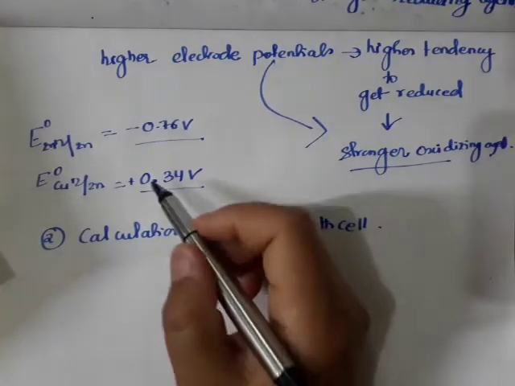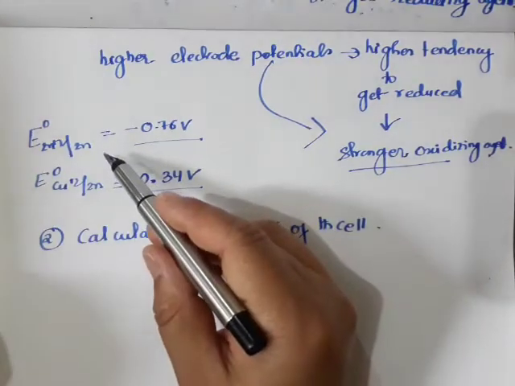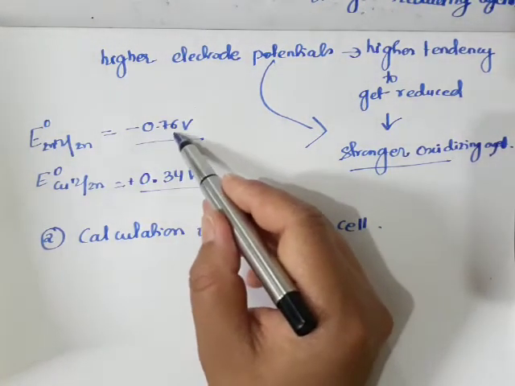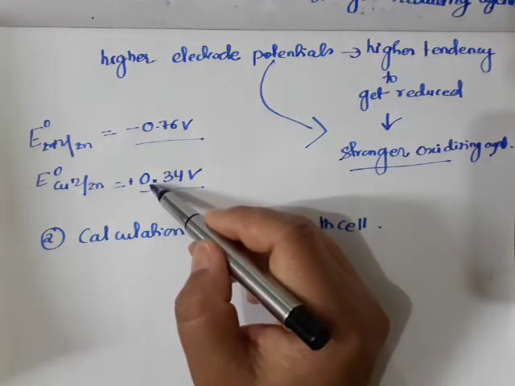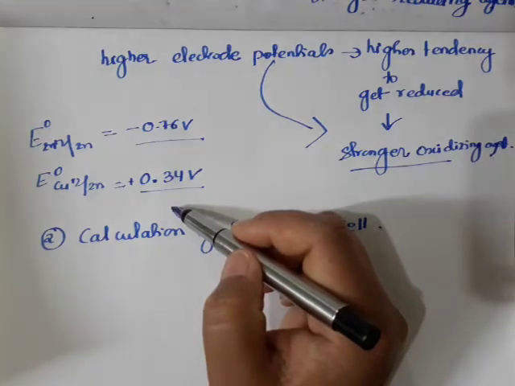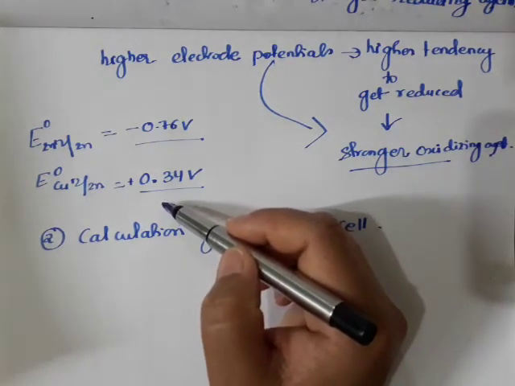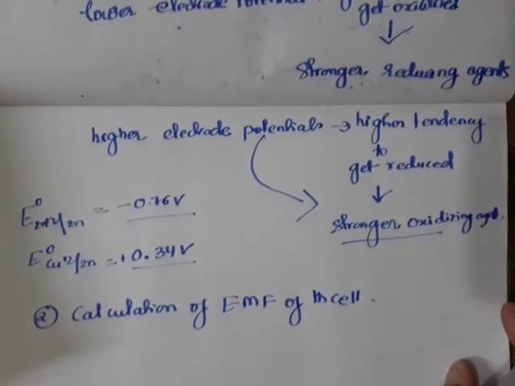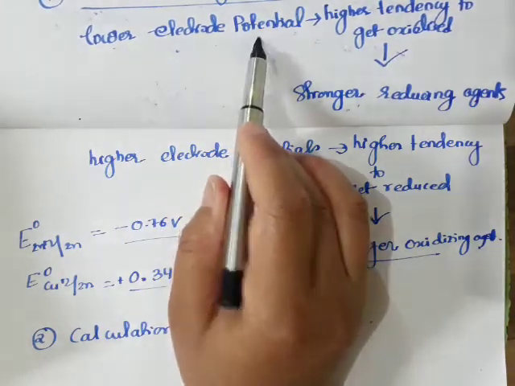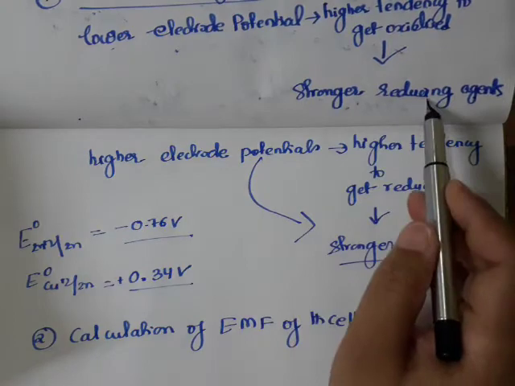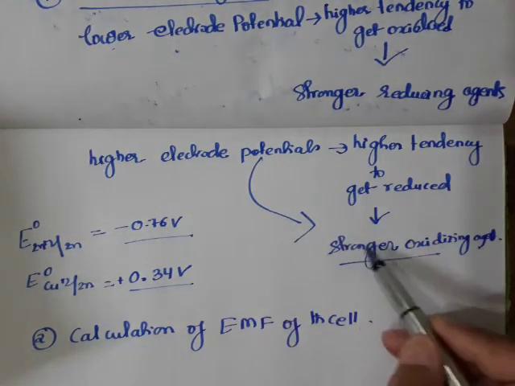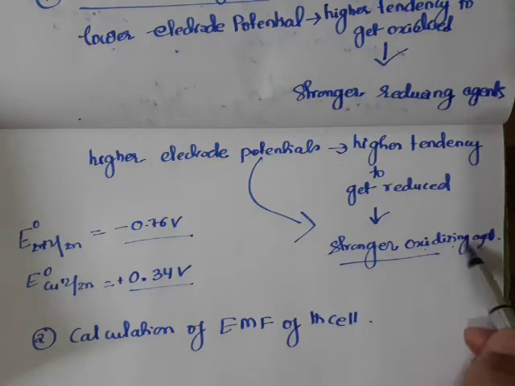Just now we calculated the standard electrode potential of zinc and copper electrodes. For zinc it is minus 0.76 volt and for copper it is 0.34. Among the two, which will act as a strong oxidizing agent? The electrode with lower electrode potential will act as a strong reducing agent, and the one with higher electrode potential will act as a stronger oxidizing agent.